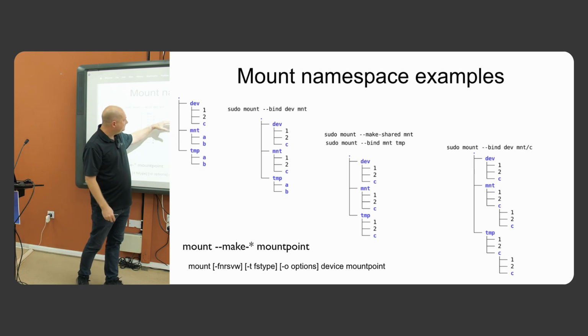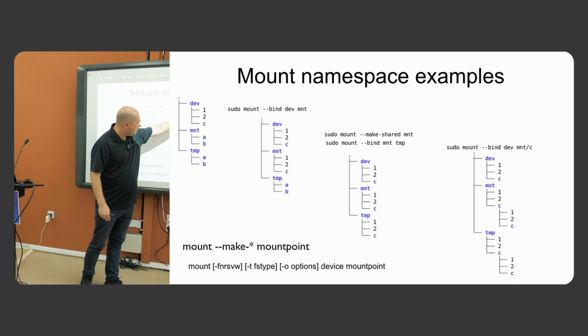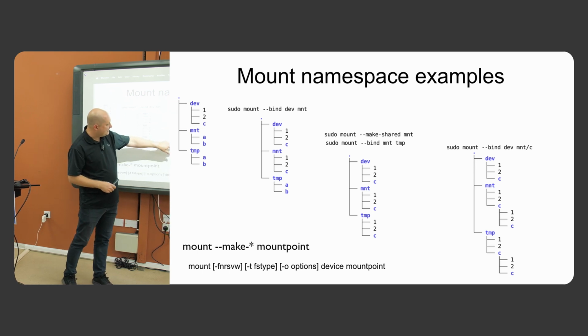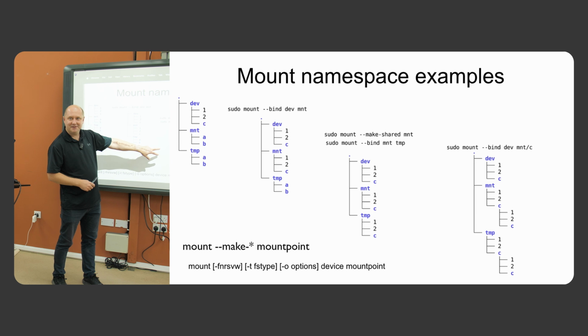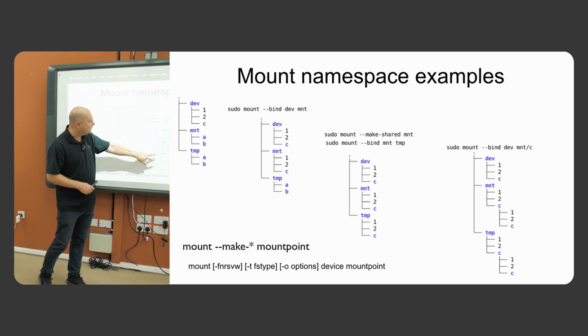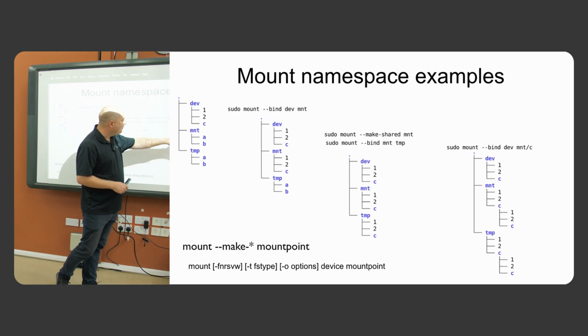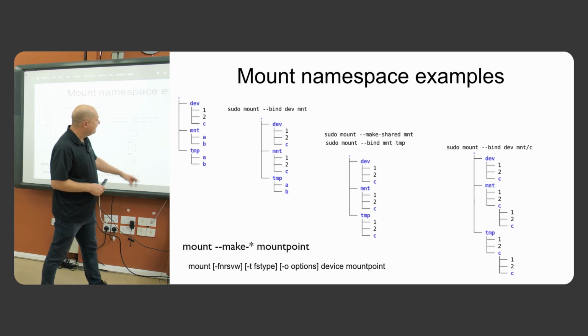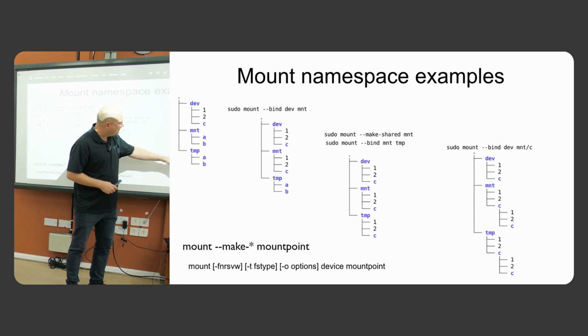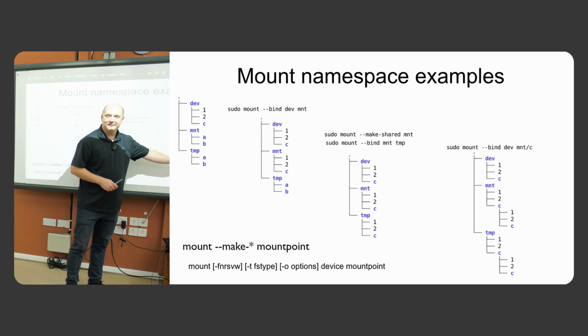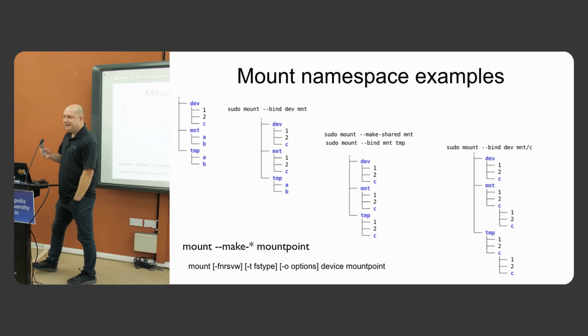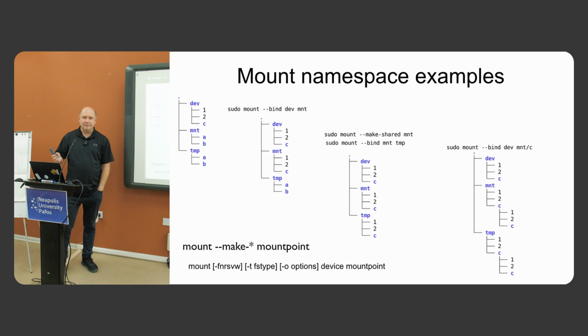If you use make shared, you will see that it's copied, right? So you share the mounting point. And if you bind even inside, you will see the same, right? This is available from the command line. You can play with it.